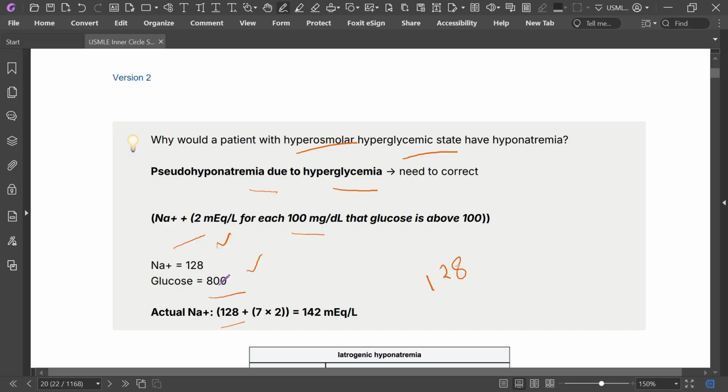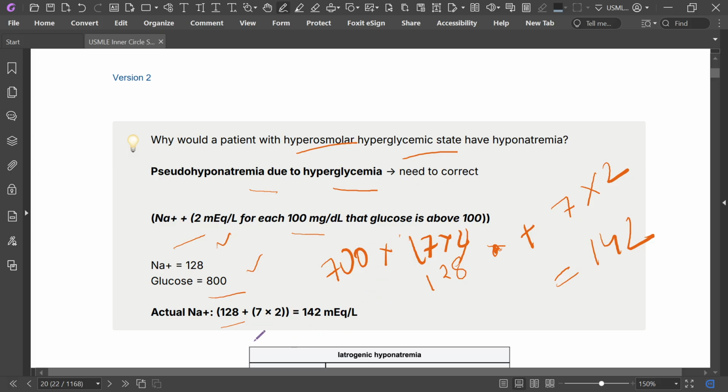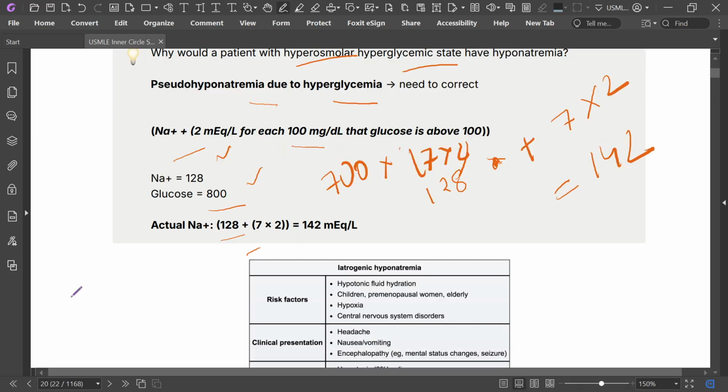So for 700 it is 7 times 2, that means 14 milliequivalents, plus 128, that is 142.